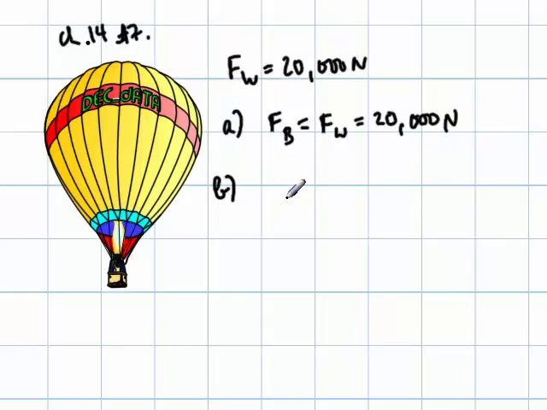Part B says, what is the volume of the displaced air? So since the weight then of the displaced air is also 20,000 newtons, I would have to divide that by the density.